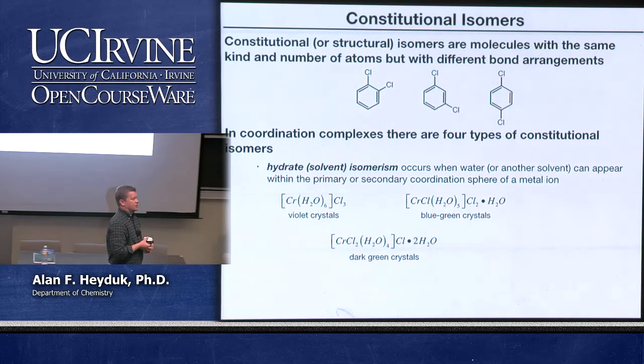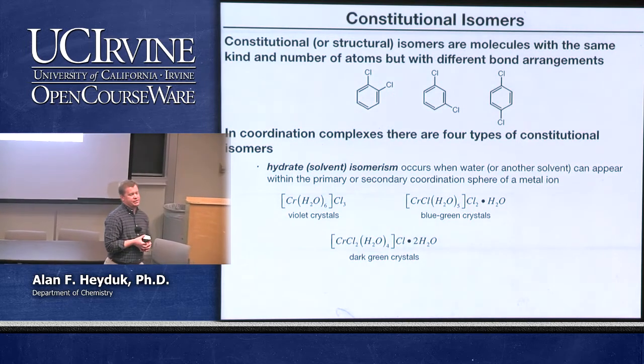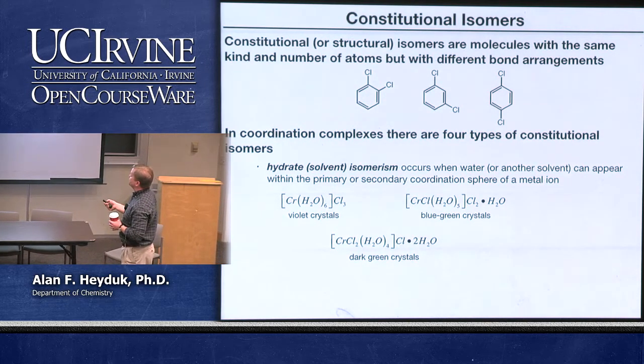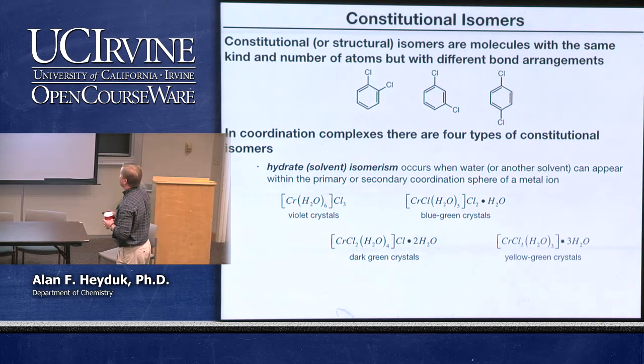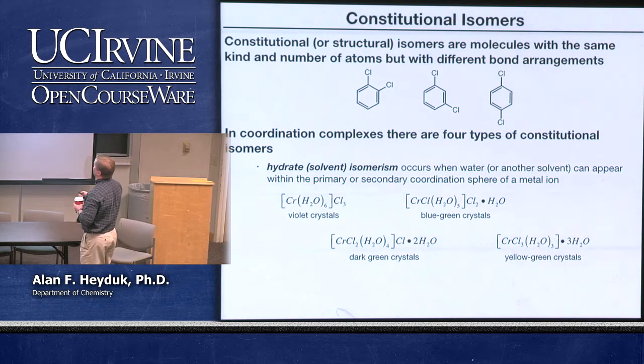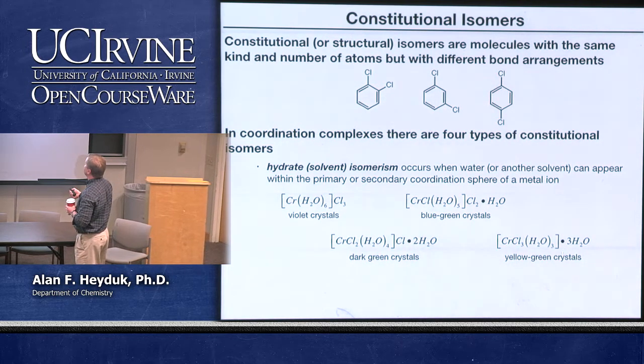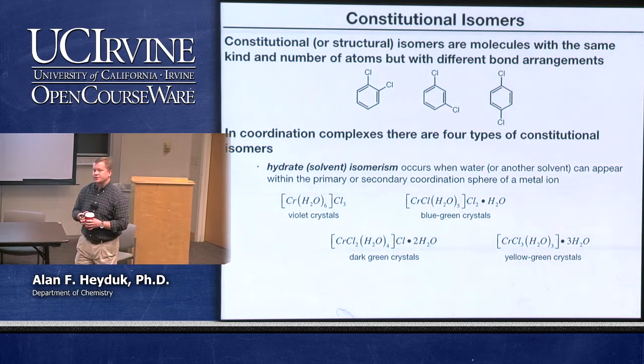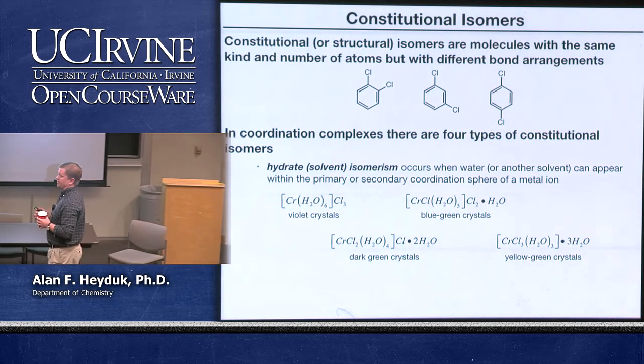You can put 2 chlorides in the primary coordination sphere of the chromium and carry along 2 aqua ligands in the secondary. Now you get dark green crystals. And you can bring all 3 chlorides into the chromium primary coordination sphere, carry the waters along in the secondary, and now the crystals are yellow-green.